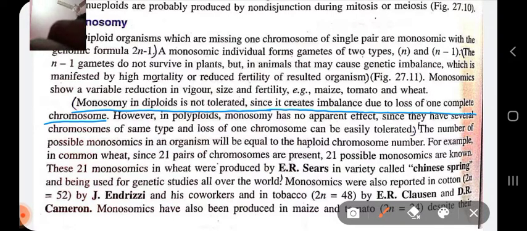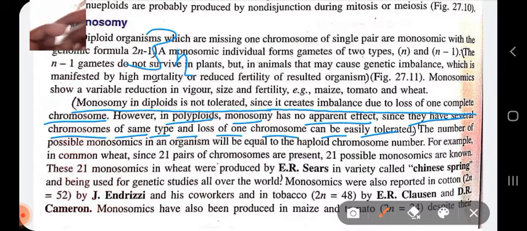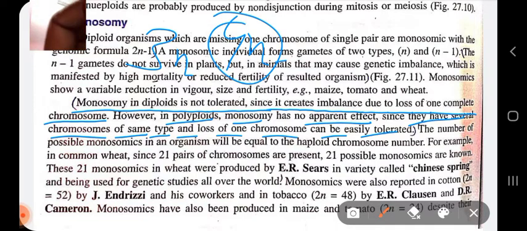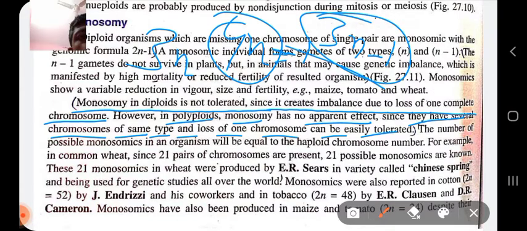But in polyploids, monosomy has no apparent effect because they have several chromosomes of the same type, and the loss of one chromosome can be easily tolerated. Those who are polyploids, with 3 sets or 4 sets of chromosomes, even if they lose one chromosome, that is 3n minus 1, it will have no impact.